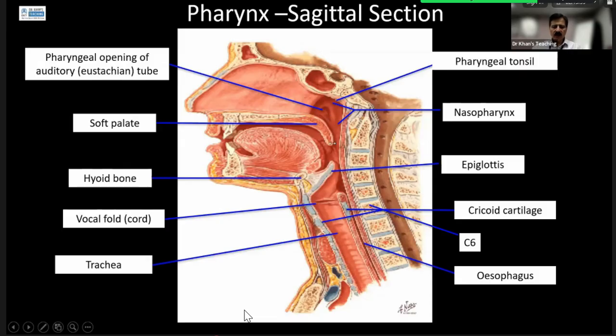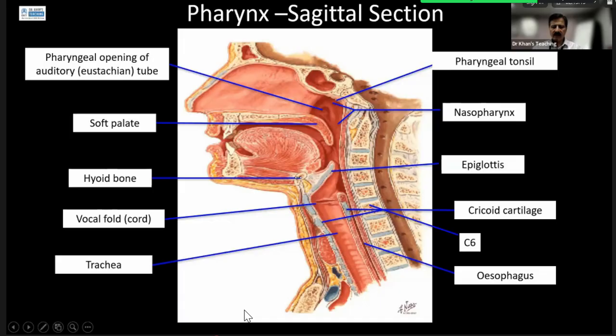Now, you have to have a very clear-cut idea of discrimination between the oral cavity and the oropharynx. Actually, we did it previously, but I'll revise it today. So this is the oral cavity. In the next few slides, I will tell you the boundaries between oral cavity and the oropharynx. So posterior to that is the oropharynx.